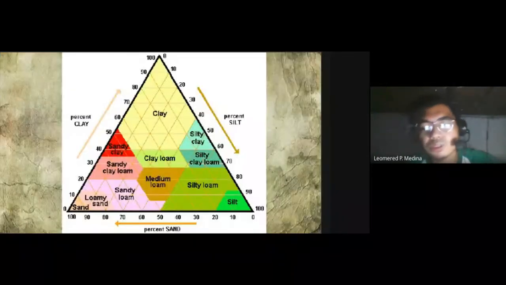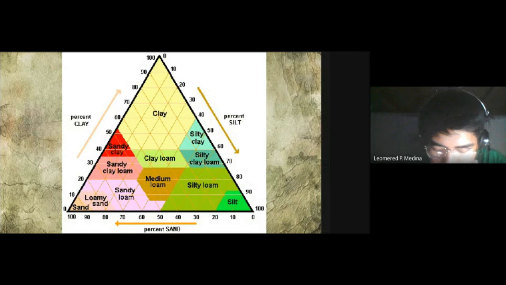So if we're going to consider the composition of every single one of them, we actually have here a chart based on the amount of water, amount of sand, amount of silt that is present in these particular types of soils. But basically, whenever we're talking about the presence of soil, it will actually depend on the amount of water that it contains.